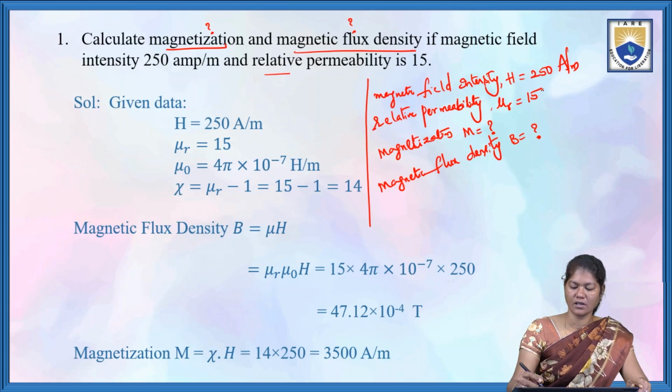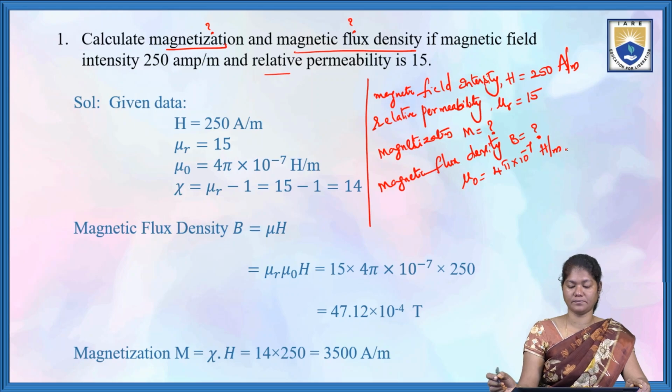We know that mu naught, the permeability of free space, is equal to 4 pi into 10 power minus 7 Henry per meter.